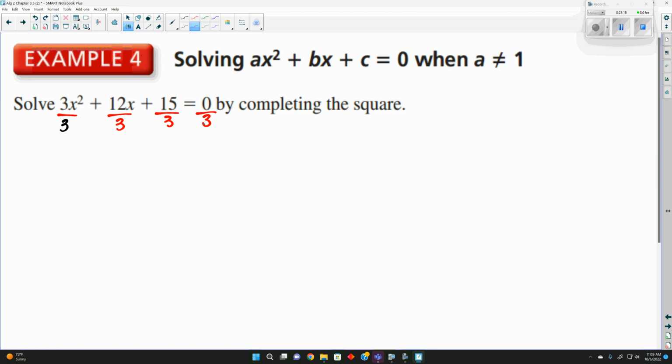Because 3x squared divided by 3, 3 divided by 3 is 1, leaving us with x squared plus x plus. Now, since we didn't divide by a negative, the signs don't change. Because we just divided by 3, so we still have positive, positive, positive. If we divided by negative, we would change the signs.